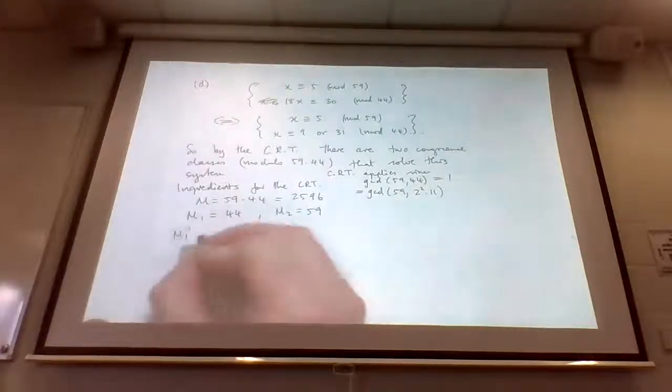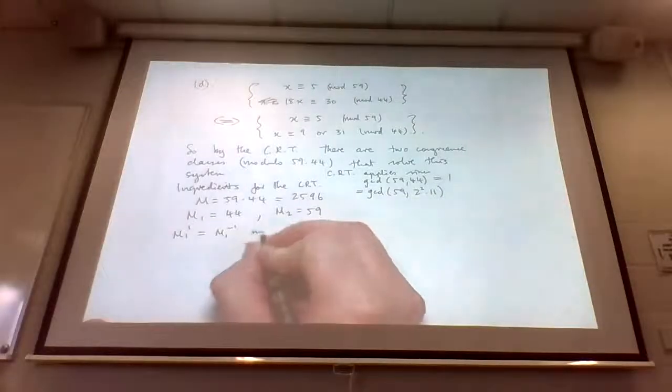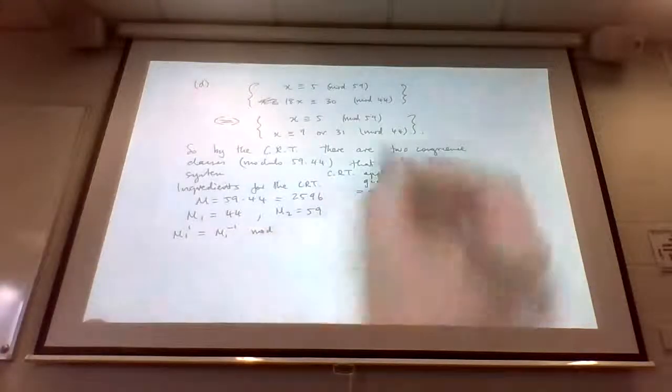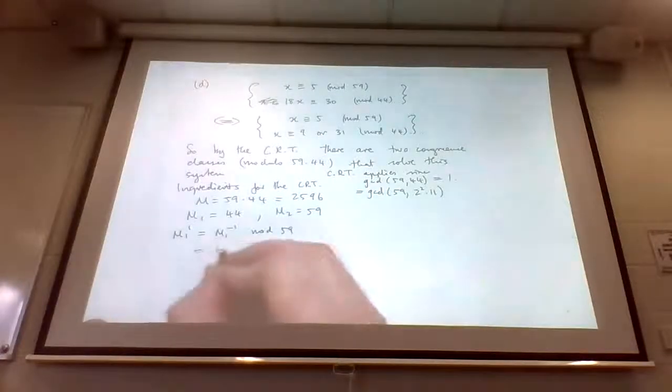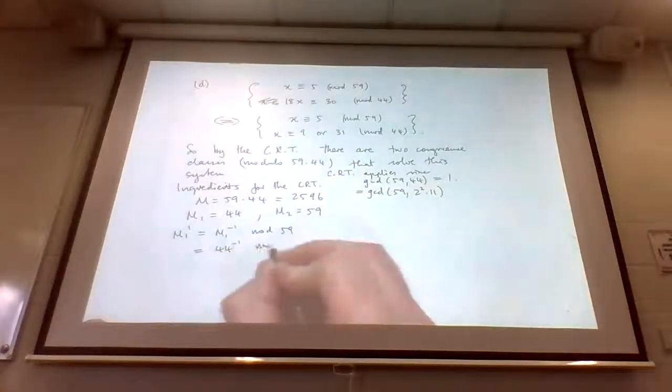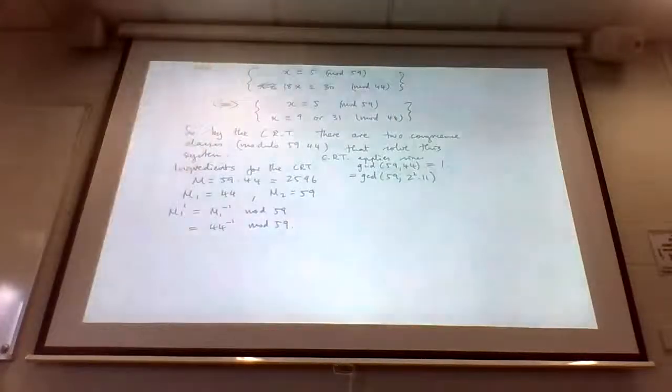So M1 prime is going to be the multiplicative inverse of M1 modulo its modulus, modulo 59. This is the inverse of 44 modulo 59. We're going to struggle to get that one off the top of our head.